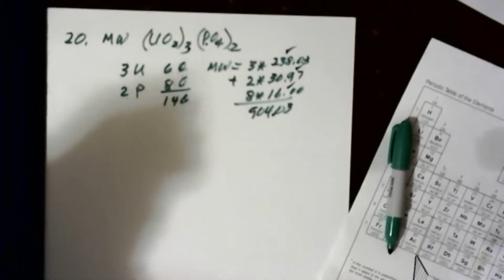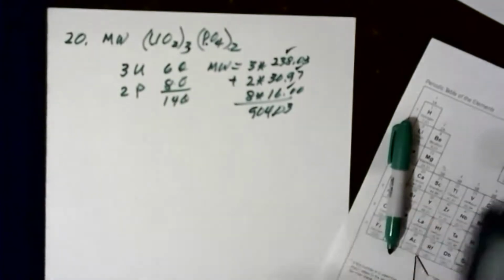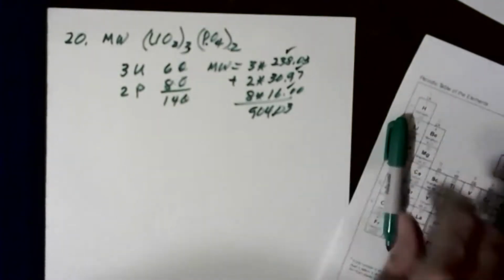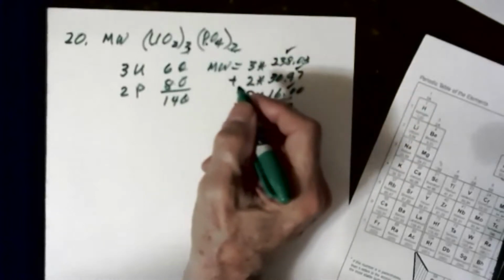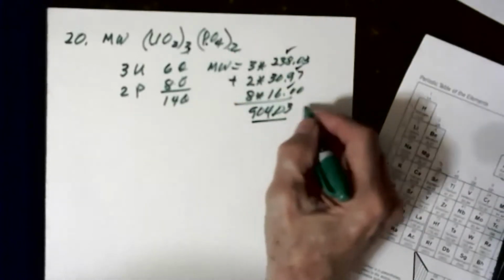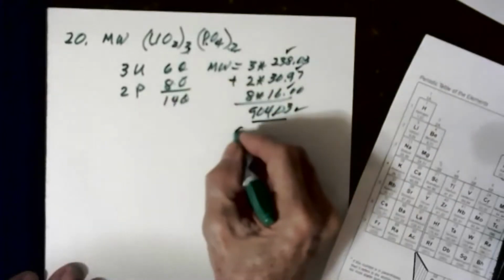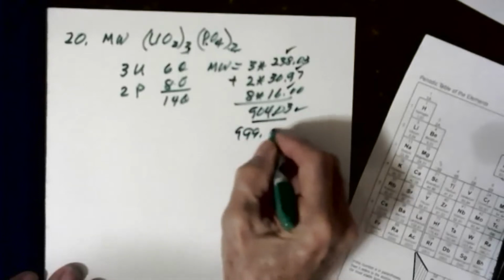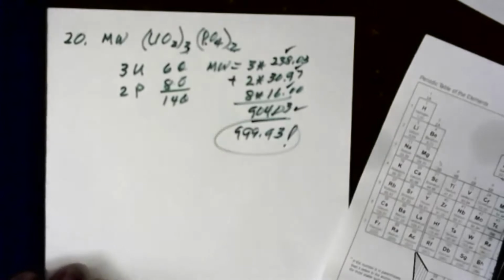Well, I think there's a mistake on this problem. I did copy it correctly. UO2, 3, PO4, 2. That is what's in the problem. I'm getting 904.03 twice. The problem says the answer is 999.93. So it says that's the correct answer, but I think it's not.